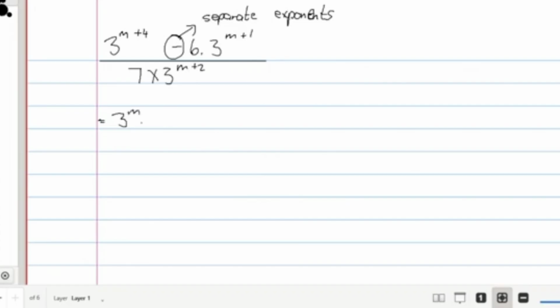So what we're gonna do, we first separate, and for now it's much easier to separate. So let's just write what we have. Then on the denominator, we separate the 3 to the power m and 3 to the power 2.